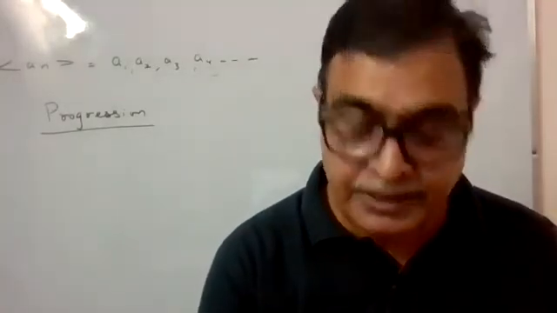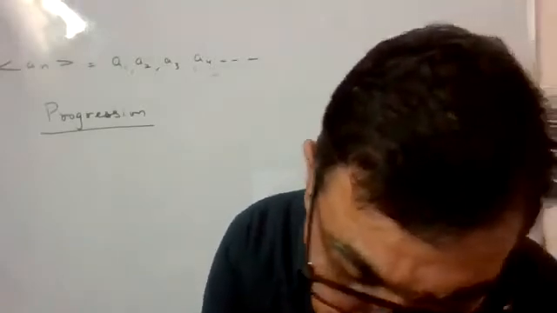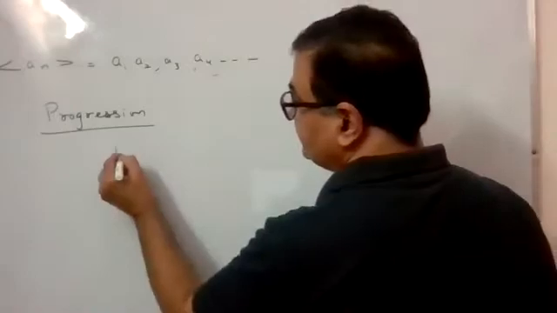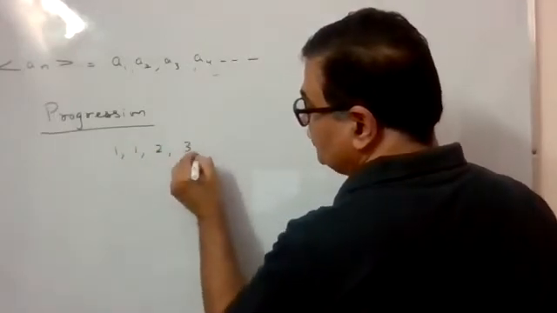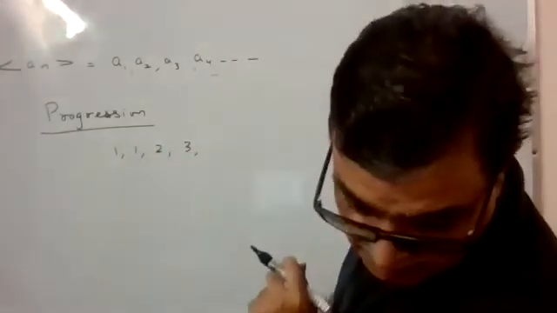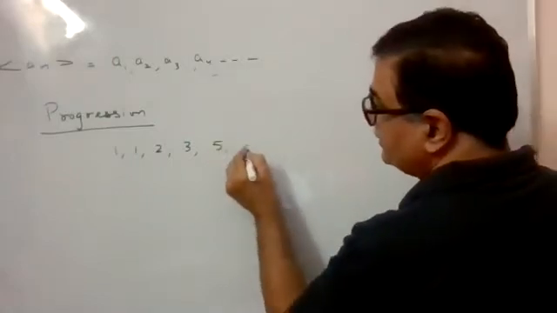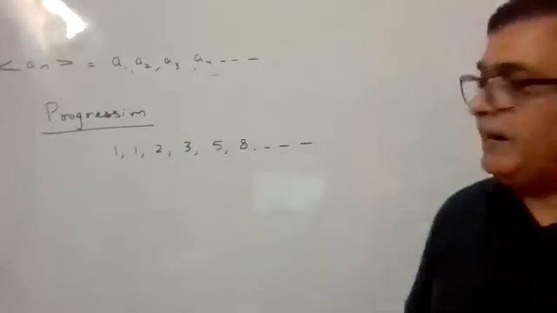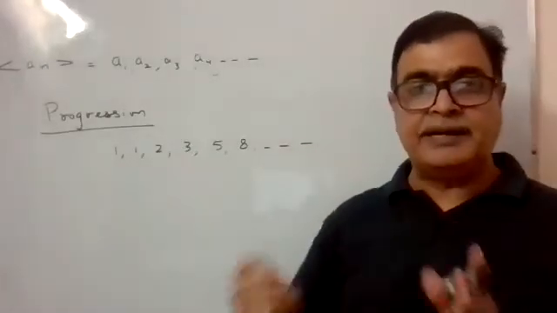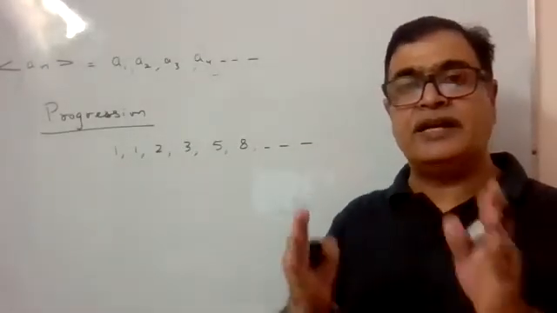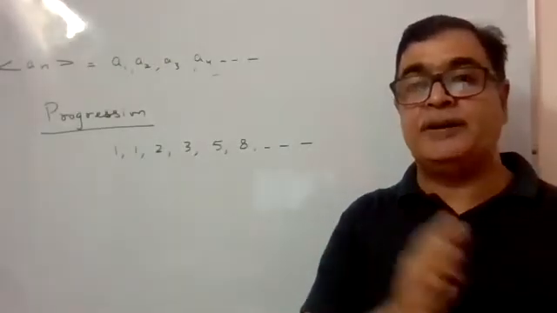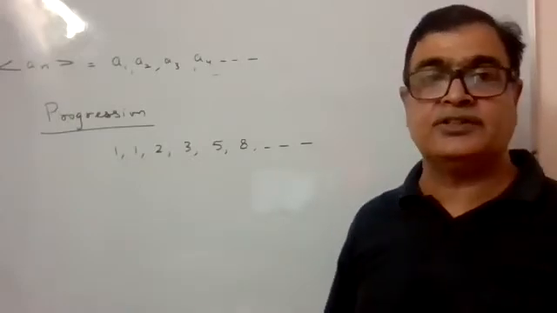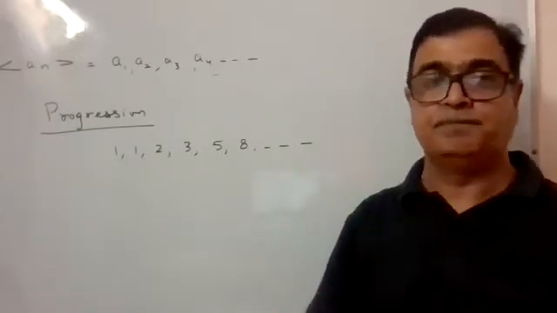So here, if any sequence is given to you, for example, I'll give this sequence 1, 1, 2, 3, 5, 8, then what you will find is that this does not follow a certain pattern. ये sequence है आपका, but it does not follow a certain pattern, and as it does not follow a certain pattern, you can't write its nth term. कोई formula आप place नहीं कर सकते जिससे कि आप सारी term निकाल पाए.